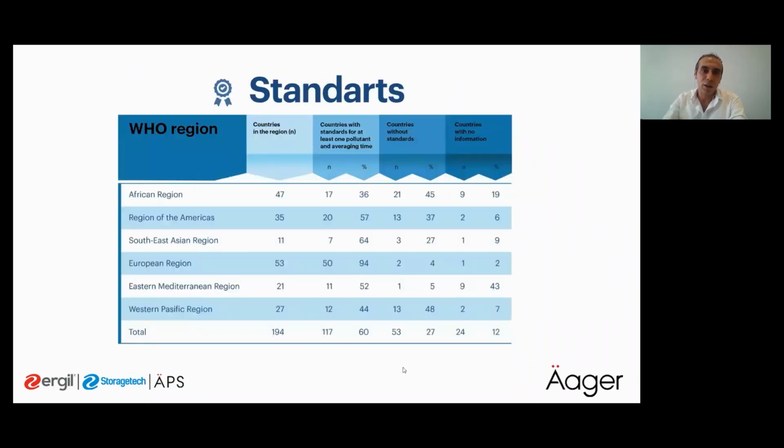In the standard side, you can also see the countries and the classes, and in total 194 countries have standards or directives to obey for the greenhouse gases or the other emission controls.